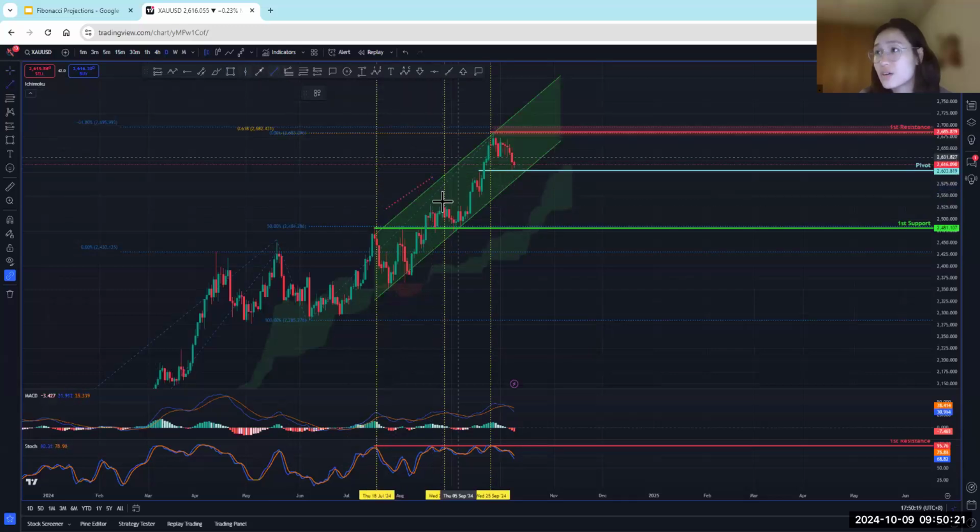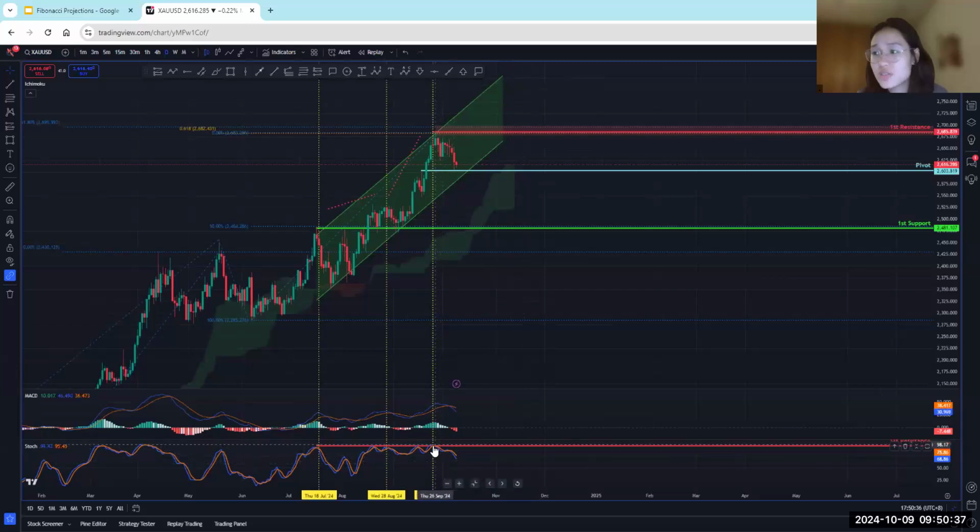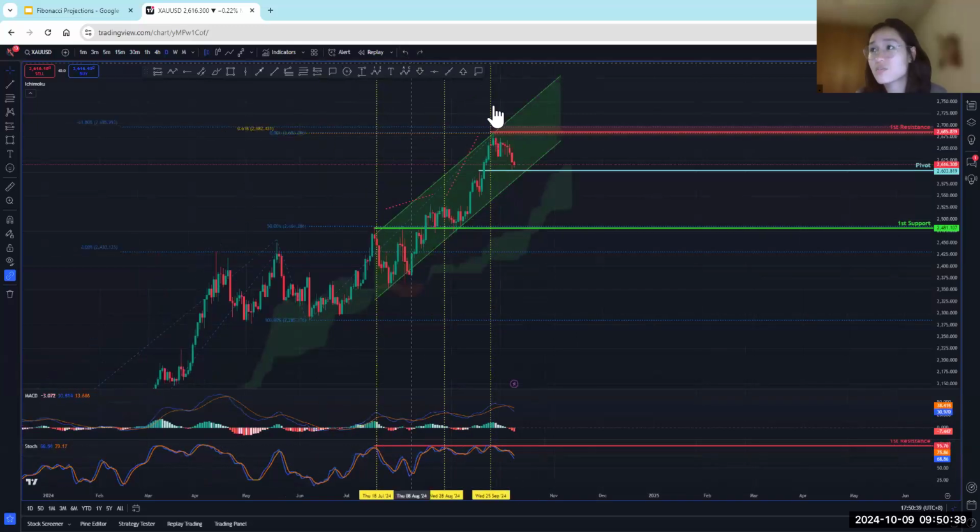But on our stochastic, you can see prices reversing off of that resistance level. So we can expect prices to maybe drop a little bit more because it just recently reversed off of that resistance again.